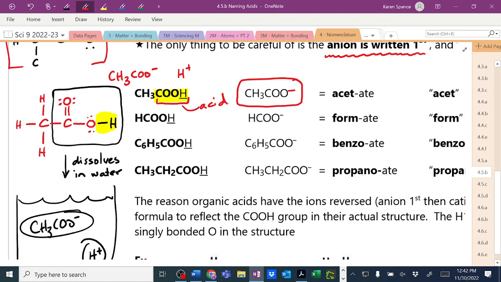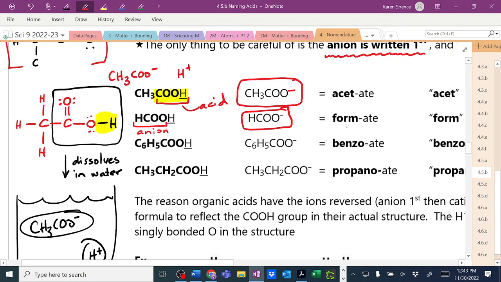And when you're looking for the anion, the H is at the front, which is weird, okay? So you're going to be like, what is the HCOO minus ion? You can go look that one up. That is formate.